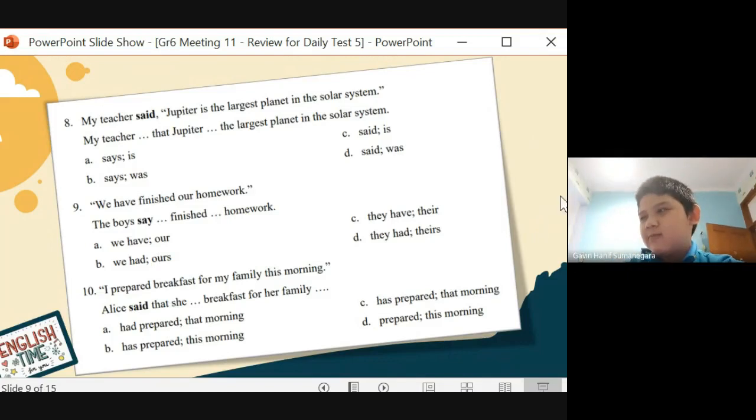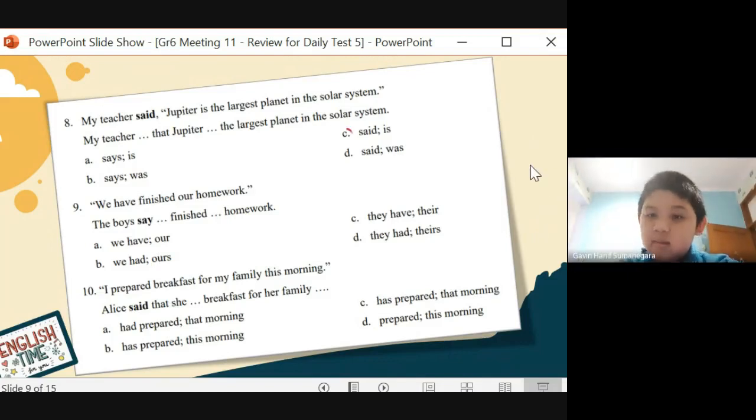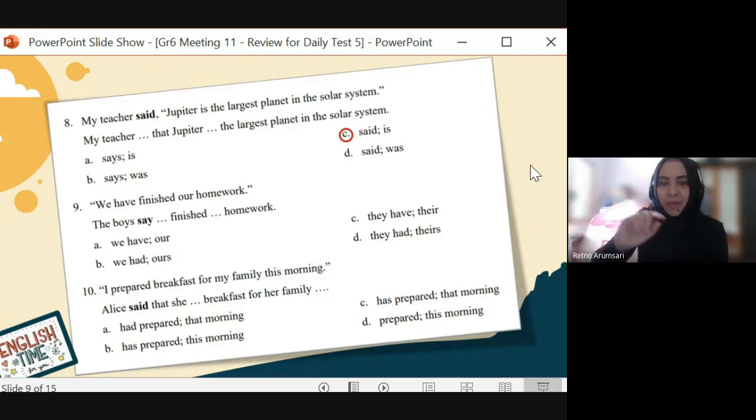Because it's a fact. It was true in the past, it's true now, and it will be true in the future, unless Jupiter got blown up by some aliens someday. Unless history changes. All right, maybe, but it's very unlikely, right?